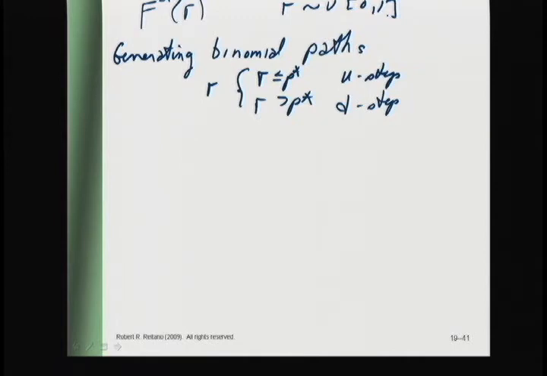If we're generating a path using the log normal distribution, then we have to take each R value, generate a random normal, and then the normal gives us the return and the price. If we're doing it with a binomial, this uniform variable R directly tells us whether we go up or down.